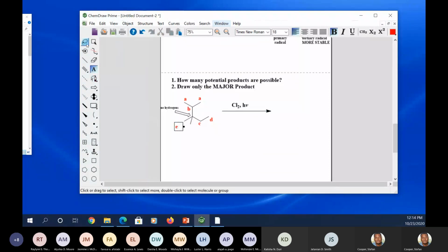The 4 initial carbons, however, that's not all that's correct here. There's an E. Where? Right there. Those carbons at the end can also potentially form a radical. So that gives me how many potential radicals for this reaction?